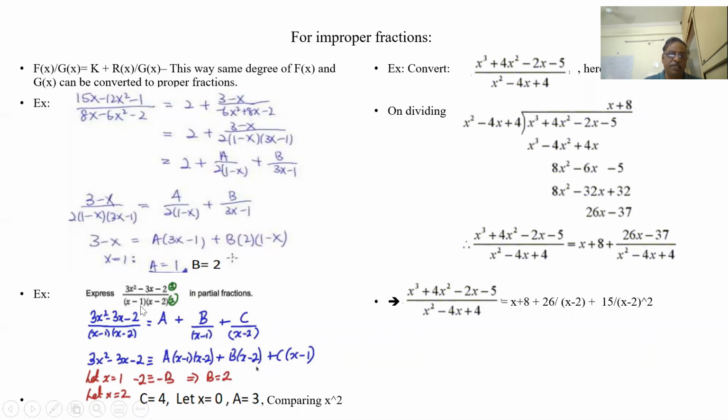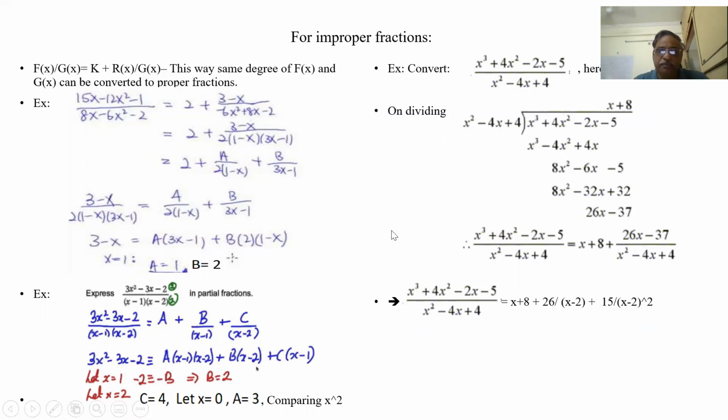Here the fractions are automatically given, so I can simply separate without doing the actual division method. I need not do actual division because they are the same degree and the coefficients are 3 and 1. So 3 plus B by x minus 1 plus C by x minus 2. It is easy for me to calculate; I can straight away put it. Otherwise, if I put x is 1 and x is 2, I can get A also. But by seeing itself, I can tell A is 3.